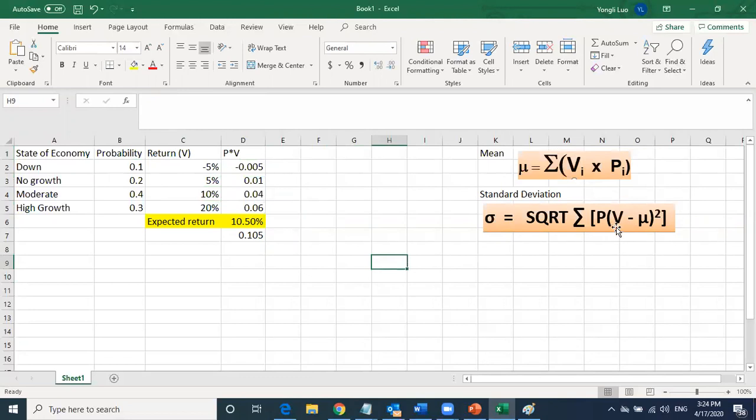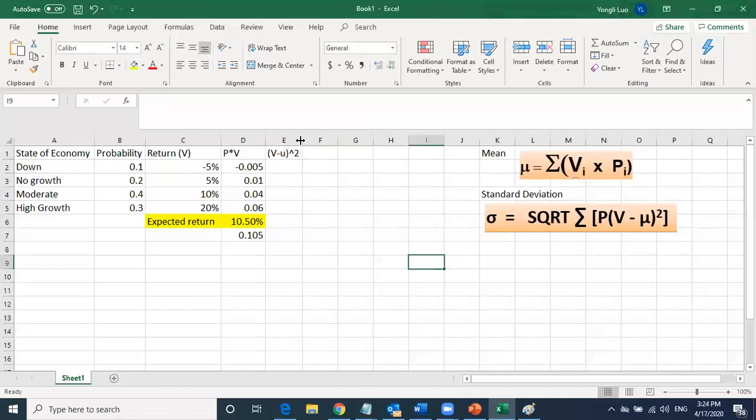Now the return minus the expected return, this part is called the deviation. Then you square that, so this part is the deviation squared.